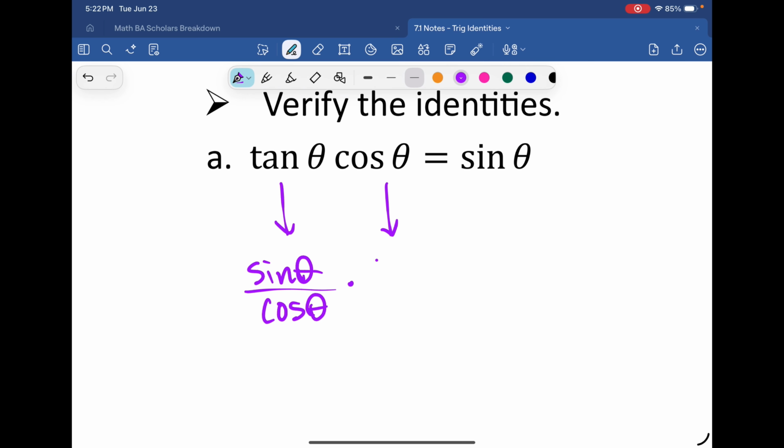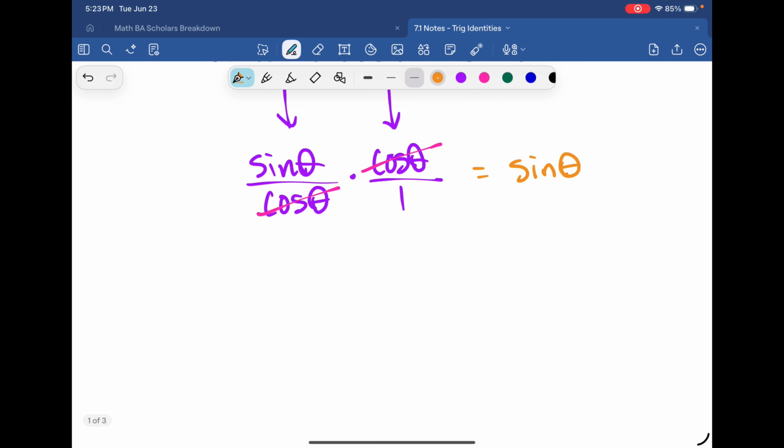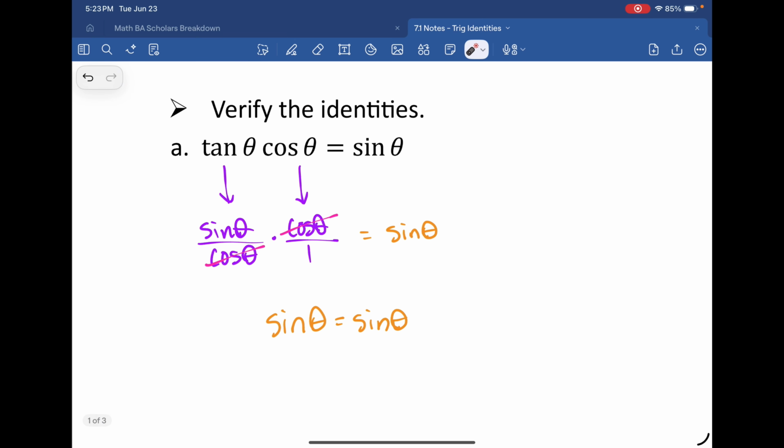Cosine theta, I'm going to leave alone, except make it a fraction by putting it over 1. And we're going to leave the right side alone. So using our fractions here, when you multiply fractions, you can cross cancel cosine. And then I have sine theta over 1, which is sine theta. So we turned the left side into the right side.